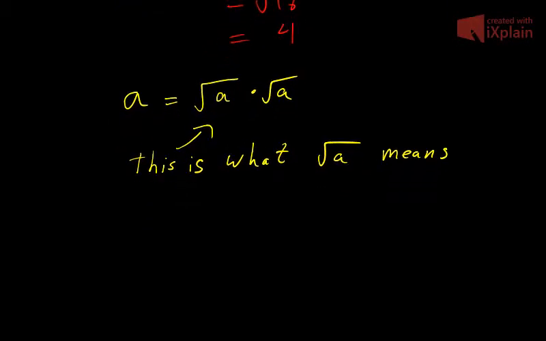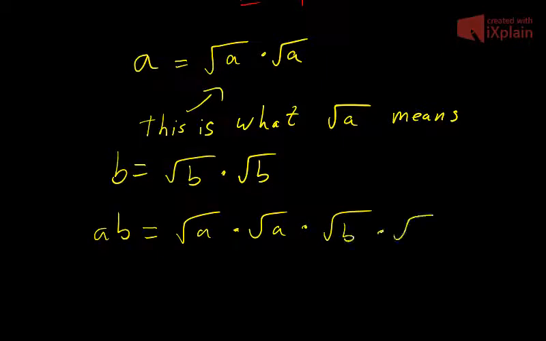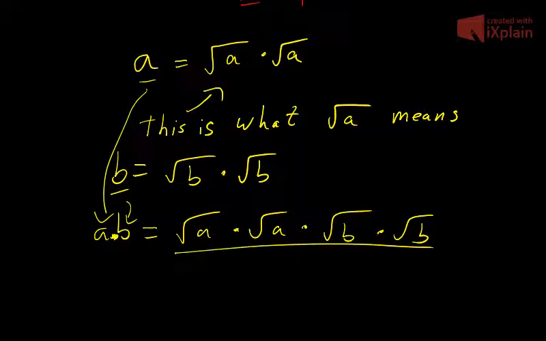If I have b, that would mean that square root of b times square root of b would equal b. I have ab would have to be equal to square root of a times the square root of a times the square root of b times the square root of b. So I'm just substituting what I had for b and what I have for a, and I end up with this long equation.